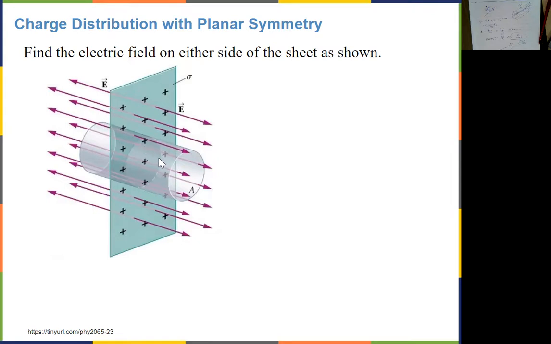Okay, so similarly, in this case, you'll take a cylindrical body over here. Then the surface of this cylinder is your Gaussian surface. Okay, now you have two bottoms and then a side surface. Okay, so similarly, first you want to determine what will be the direction of the E field in this case.